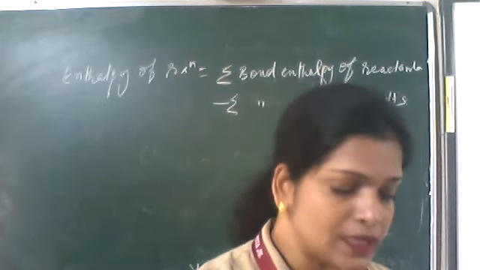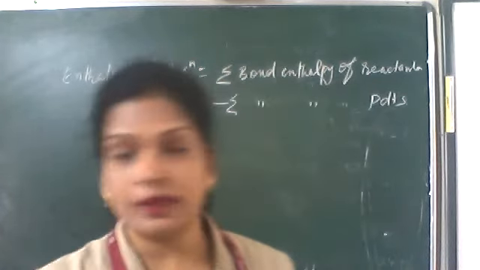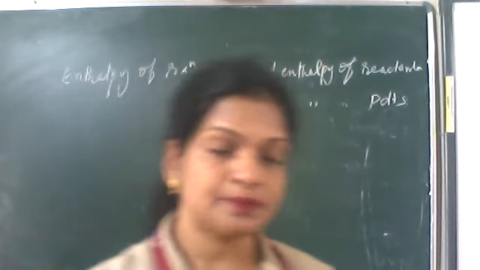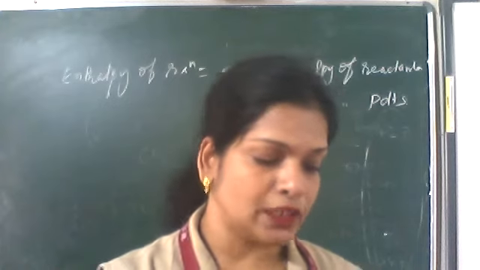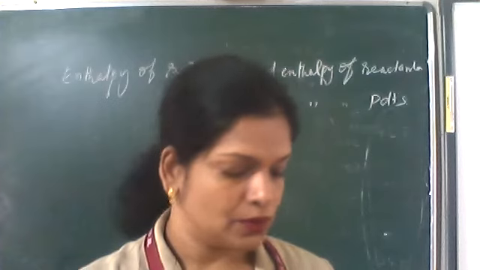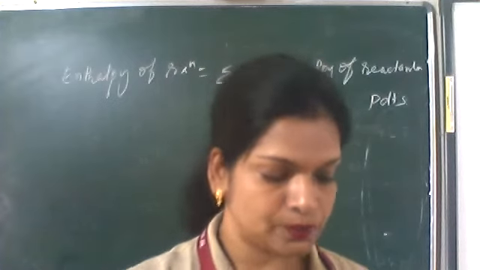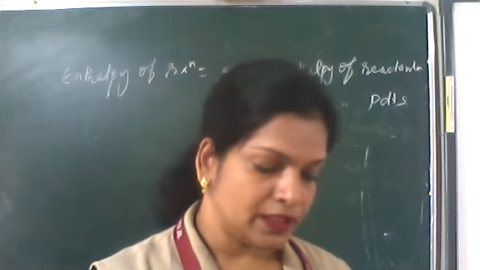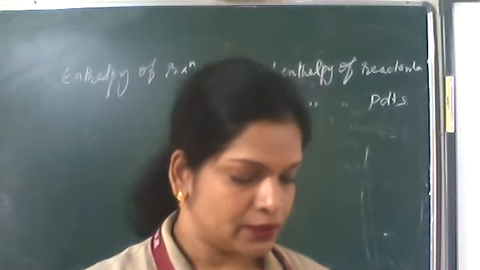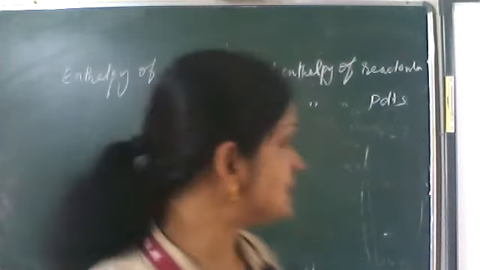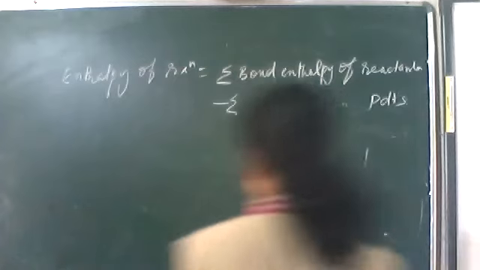Given that bond enthalpies of H2 and Cl2 are 430 kilojoules per mole and 242 kilojoules per mole respectively, and delta fH standard.